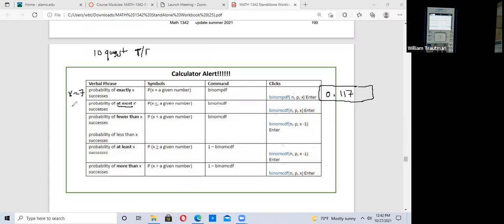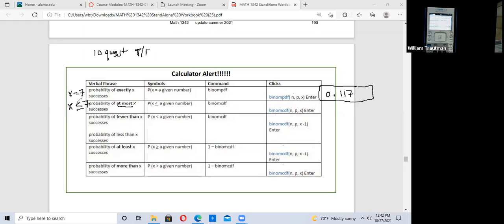Well, when you say at most, 7 is the most. The way to write that is X is less than or equal to 7. At most means you can have 7, that's why the equal sign, or you can have less than 7. You can have 6, you can have 5, you can have 4. The at most you can get correct is 7.